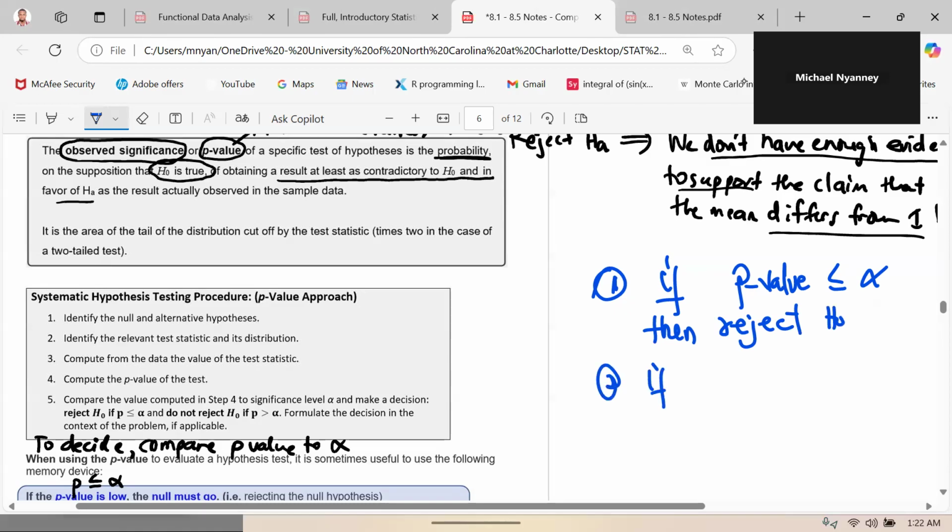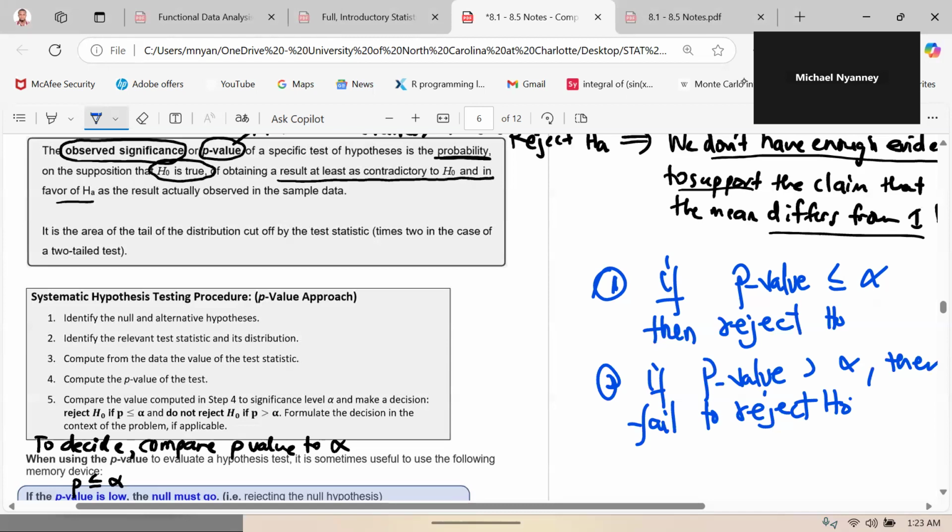And if your p-value is greater than alpha, then fail to reject H0. That's all. So all you need is to find your p-value and you can make a conclusion.